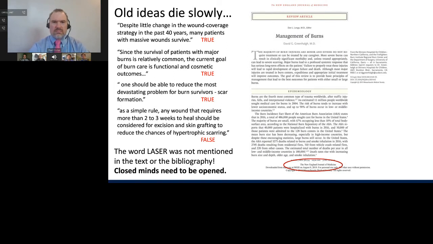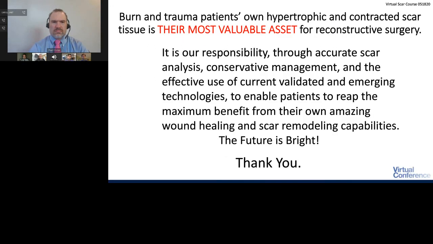But what our job is to do is to recognize that these hypertrophic scars can be their most valuable asset for their reconstruction. And it's our responsibility through accurate scar analysis, conservative management, and the effective use of available emerging technologies to enable patients to reap the maximum benefit from their own amazing wound healing capabilities. Thank you very much.